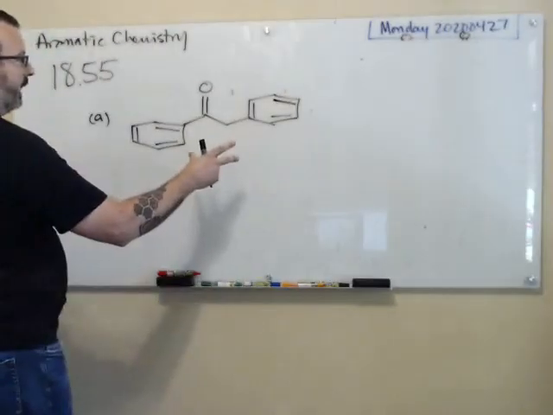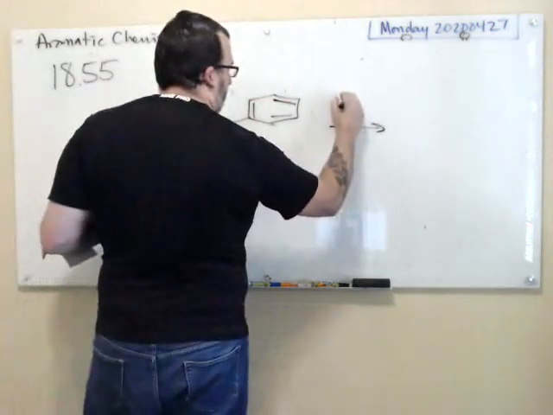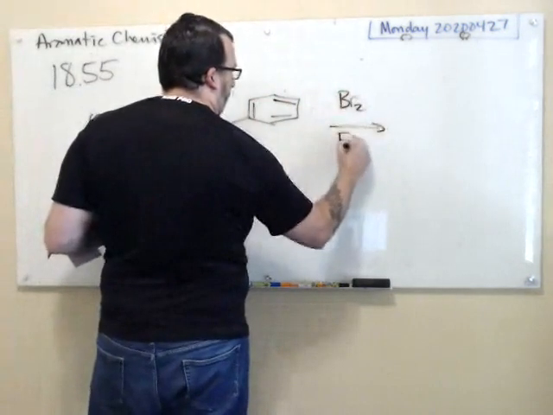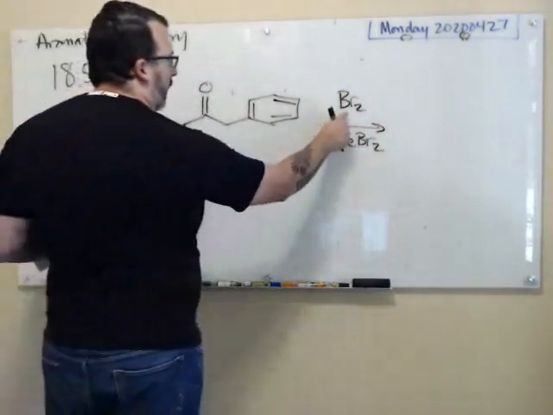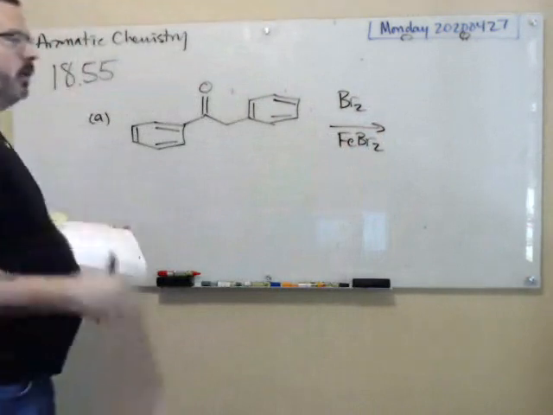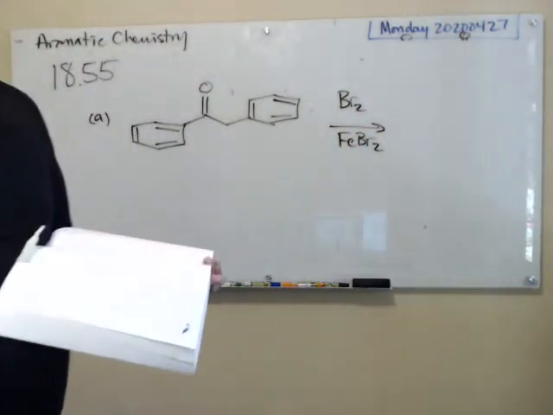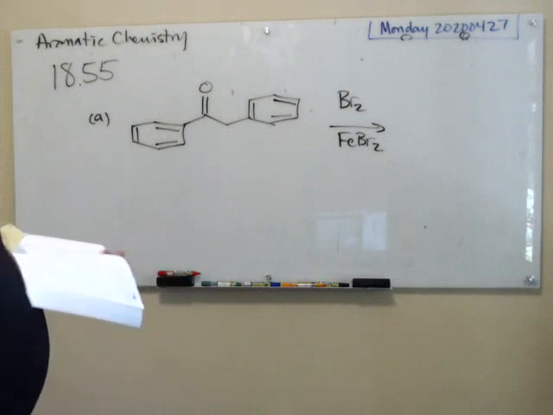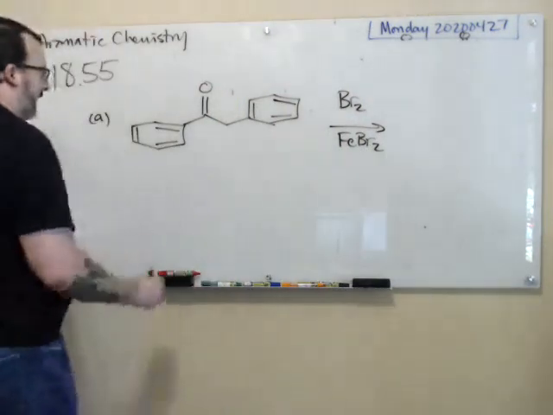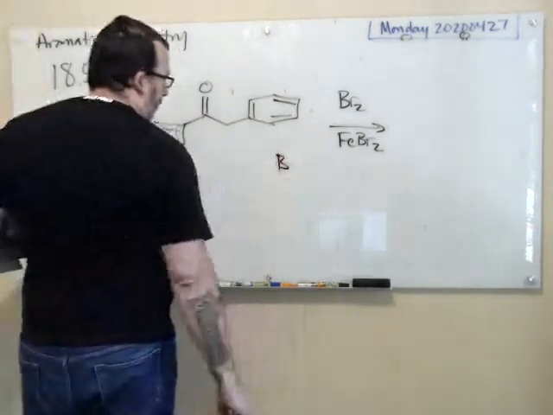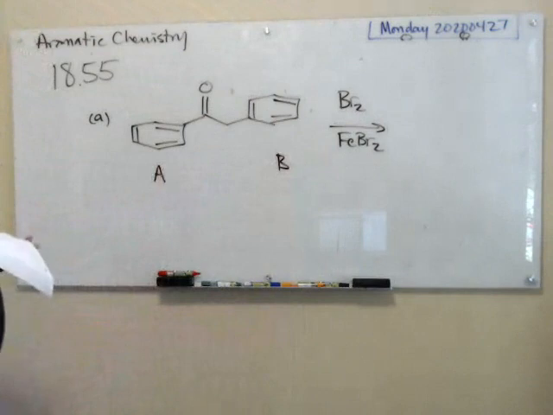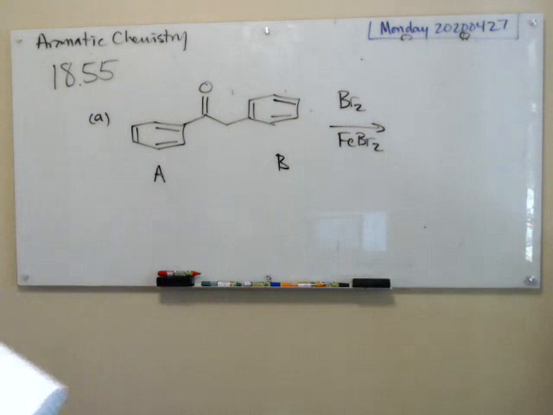You have two benzene rings, and you're treating with one equivalent of bromine. So which ring will be brominated? So let me say, if this is ring A and this is ring B, in the chat box type A or B, which one gets the bromine? We'll see what you respond, and then we'll talk about some logic.